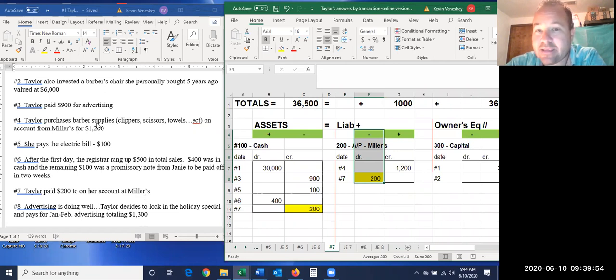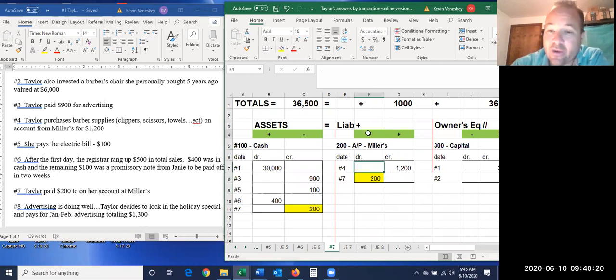Remember, we bought supplies. I'm not getting that. I already got that back in journal entry number 4. What I'm getting now instead is a lower balance on my bill. I now owe $200 less. So if we would combine these at this point and put a balance down here, I would now only owe $1,000 instead of $1,200.